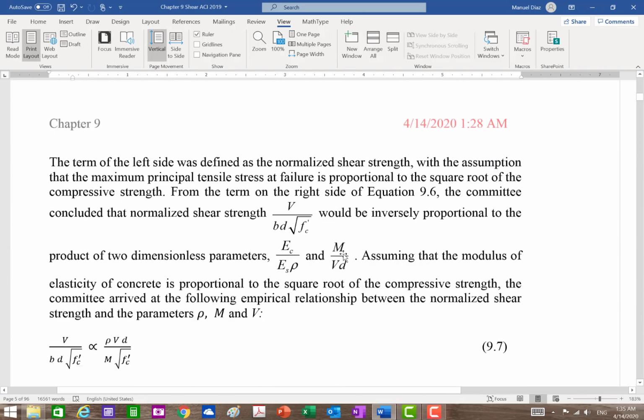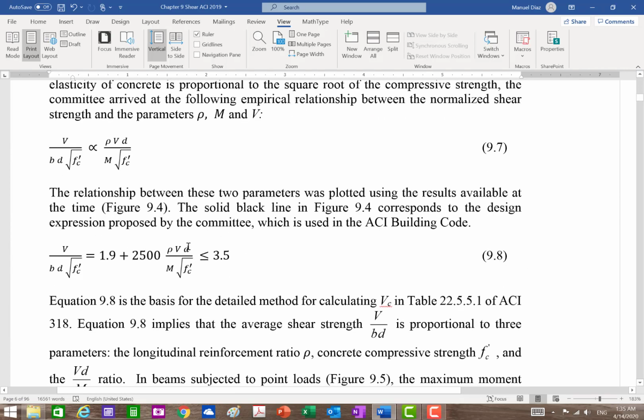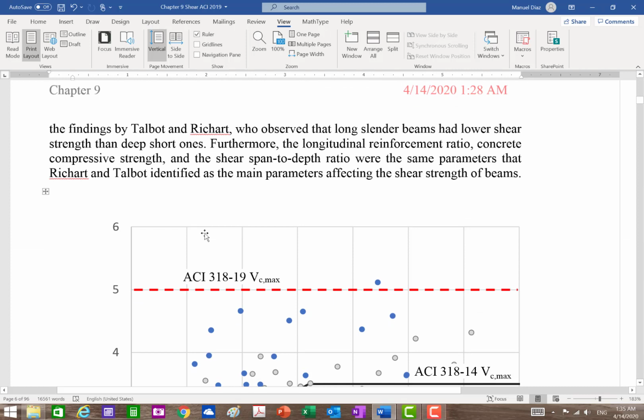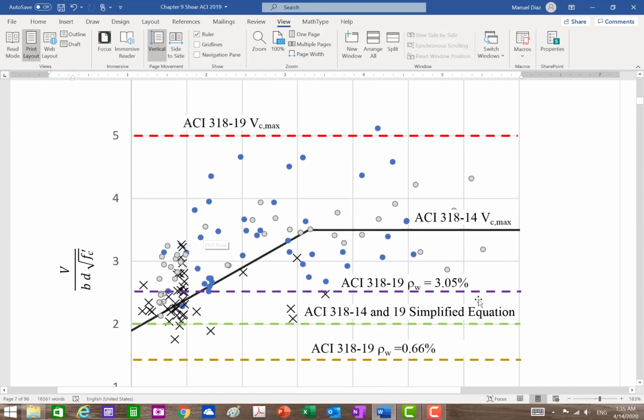Don't worry about the development of this equation. All I was looking at is the old equation from ACI 318-14. Okay, 14 had this equation, and this is what I want you to look at.